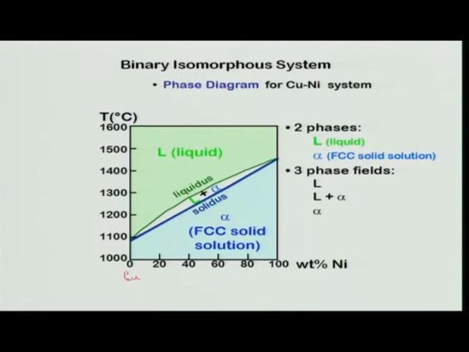You see here the composition in weight percent of nickel 0 to 100%. Similarly copper also. Copper melts at 1084 degrees Celsius, nickel melts at 1453 degrees Celsius. So that is how the phase diagram will look.